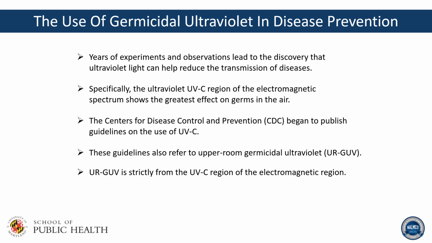The Centers for Disease Control and Prevention, abbreviated as CDC, began to publish guidelines on the use of UVC. These guidelines also refer to upper room germicidal ultraviolet, which is abbreviated as UR-GUV. Upper room germicidal ultraviolet is strictly from the UVC region of the electromagnetic spectrum.